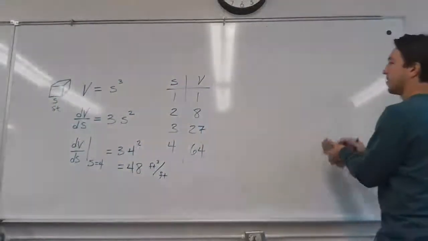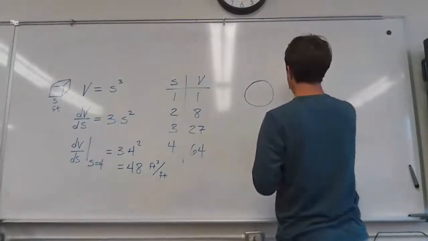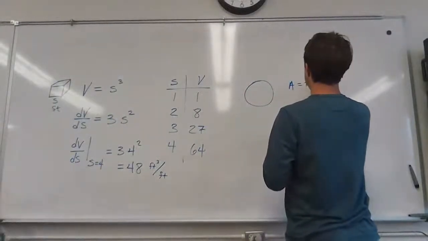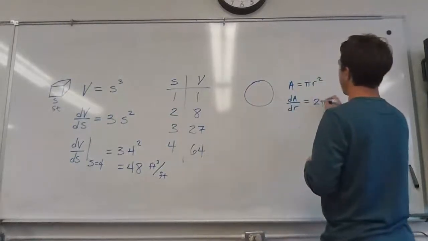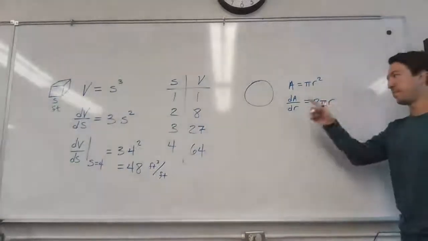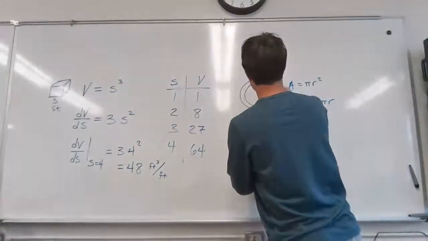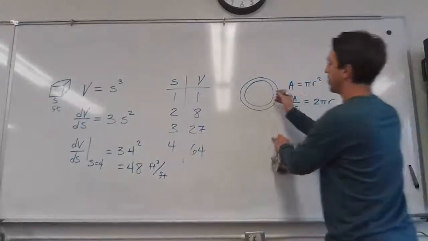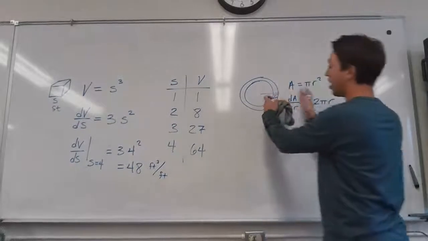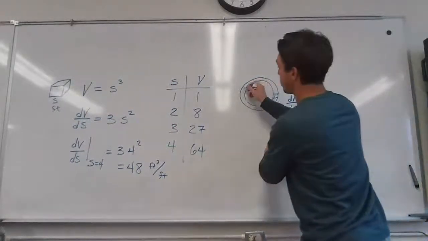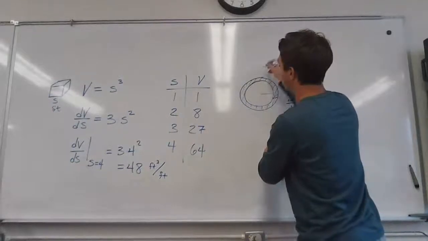So quick recap, here's a circle. The area is pi r squared. The derivative of the area with respect to its radius is 2 pi r. Interesting. Derivative of the area got us circumference, and that's because if you do a little change in r, then this is the extra area I gain by expanding the circle.